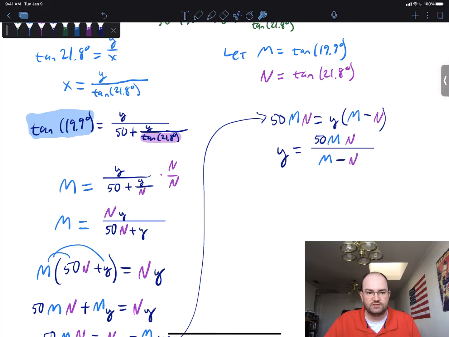And then tangent of 21.8 degrees is the next one, so I'm going to store that into B. So alpha y equals enter, then 50 A, B, all over A minus B. And there you go. Did I do that right?